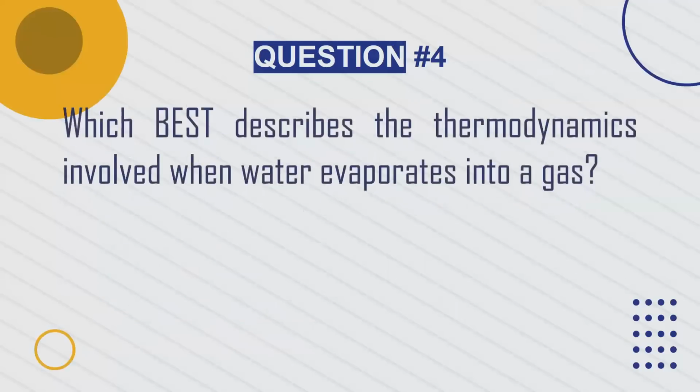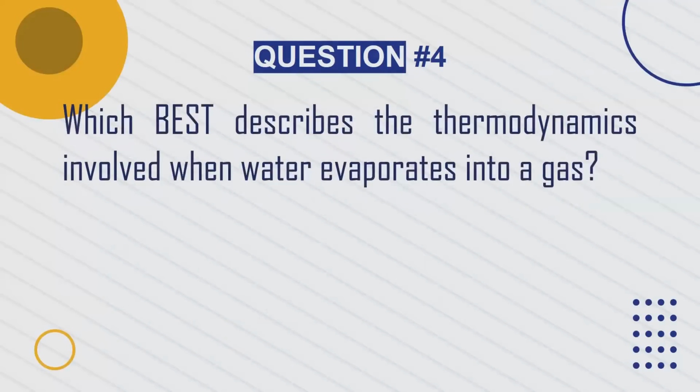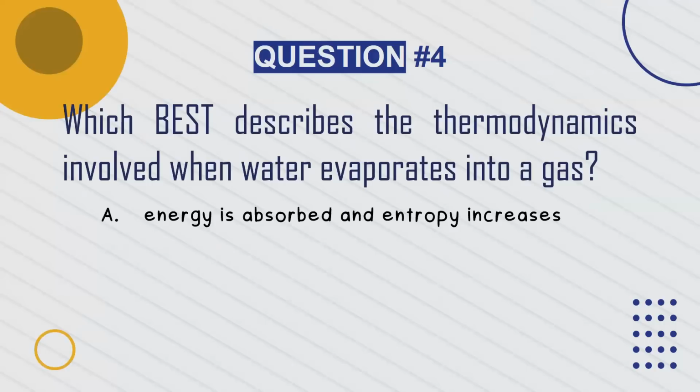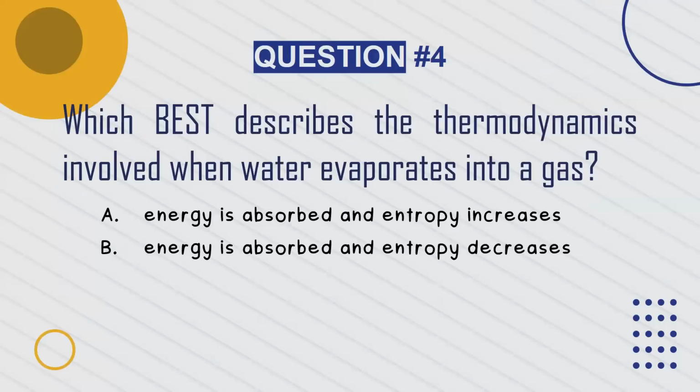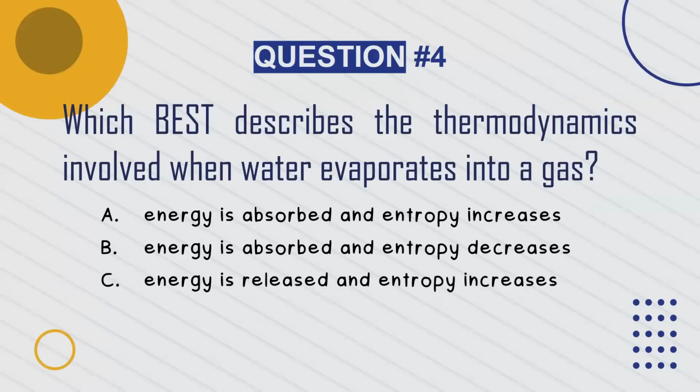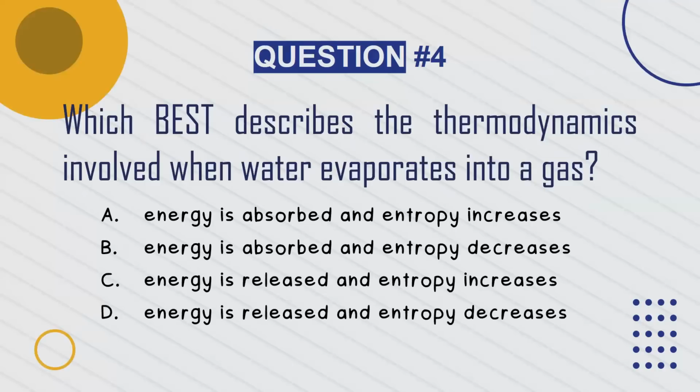Which best describes the thermodynamics involved when water evaporates into a gas? A. Energy is absorbed and entropy increases. B. Energy is absorbed and entropy decreases. C. Energy is released and entropy increases. Or D. Energy is released and entropy decreases.